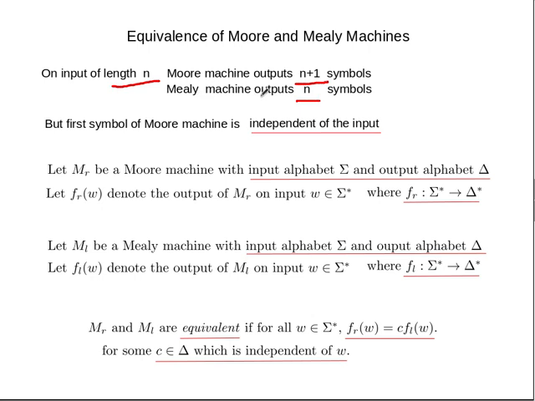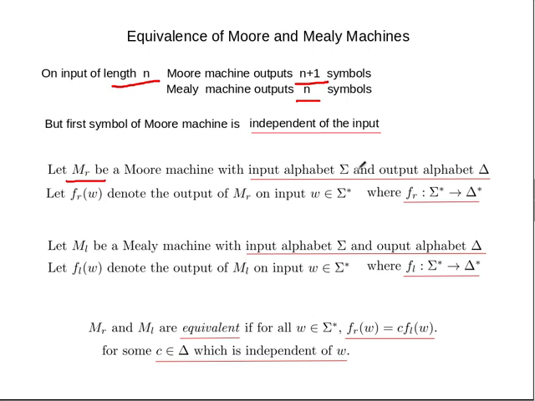If those n symbols, that output string of length n over this delta, match for all inputs, then we say that these are equivalent.